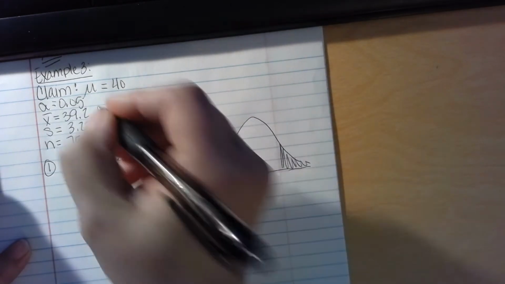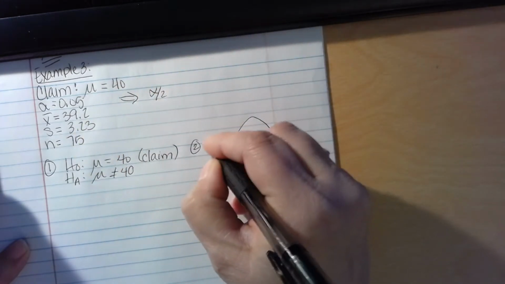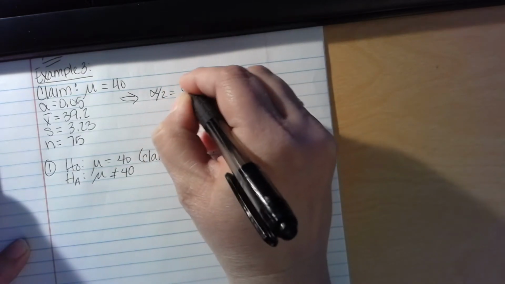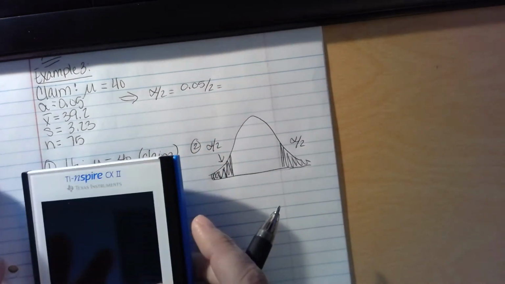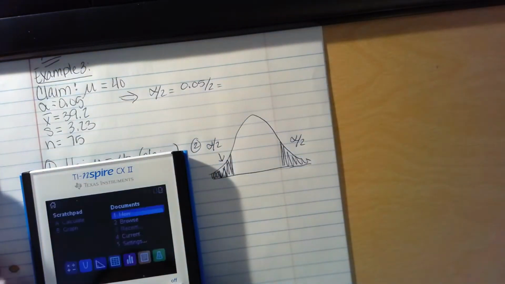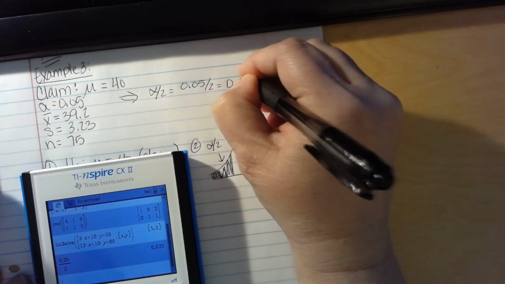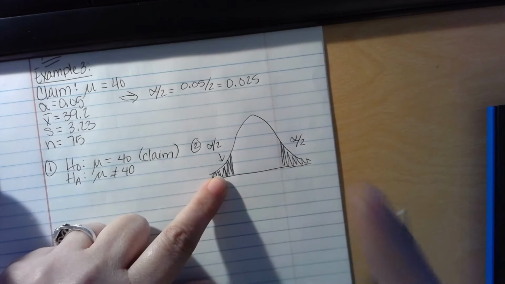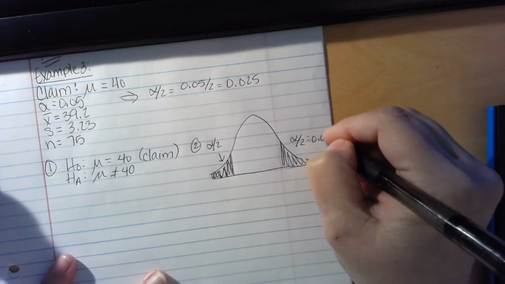So since we're two-tailed, we have to go alpha divided by 2 to figure out what each side is going to be. 0.05 divided by 2 is 0.025. So the area inside the shaded area is 0.025 on either side.